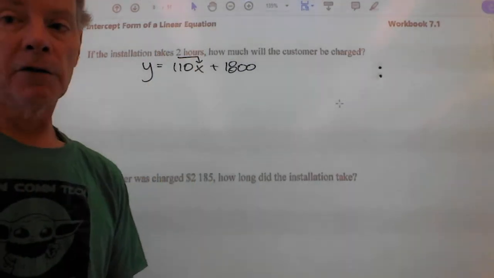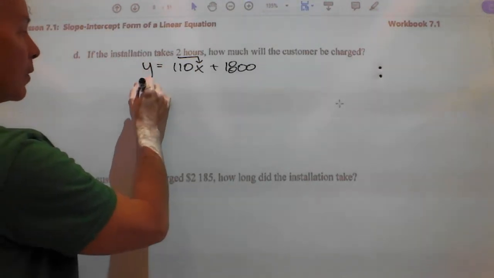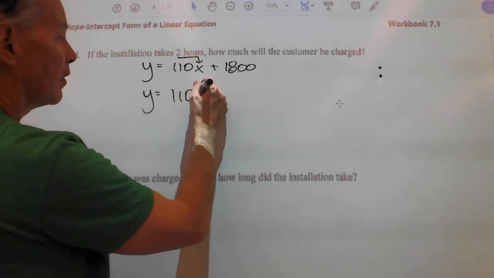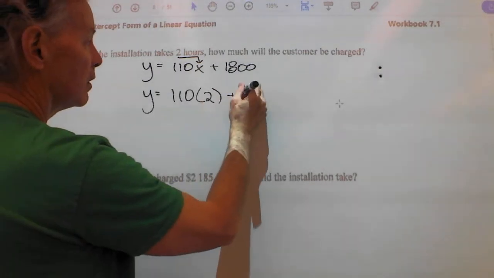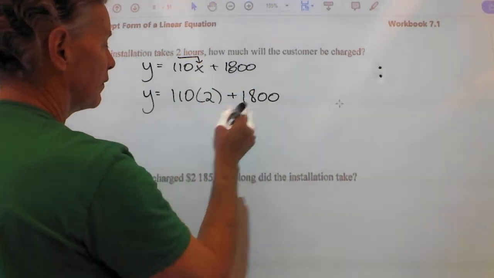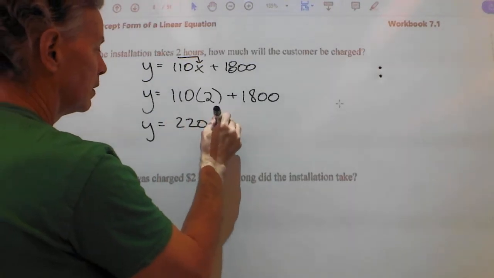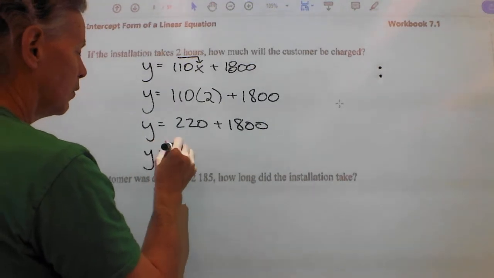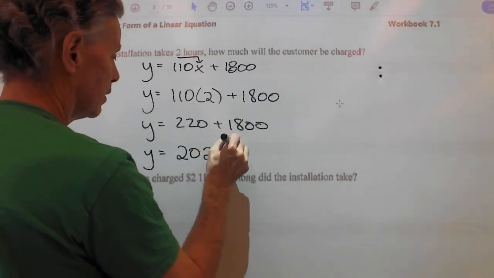That's our x value, remember, our independent variable. So to find the total cost, we simply go y equals $110 per hour times the 2 hours it took to install plus the cost of the heater. Y equals 220 plus 1,800. Y equals $2,020.